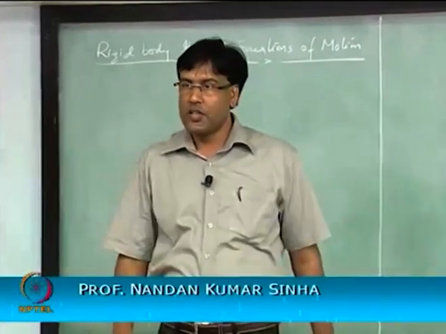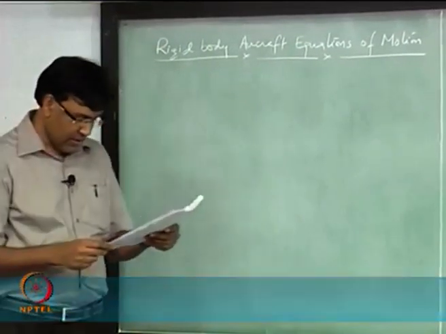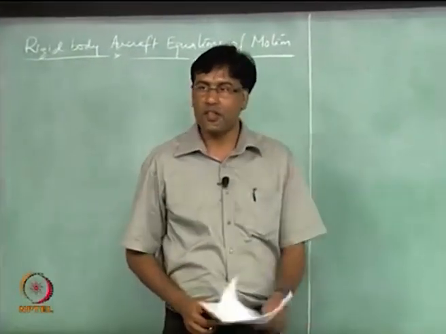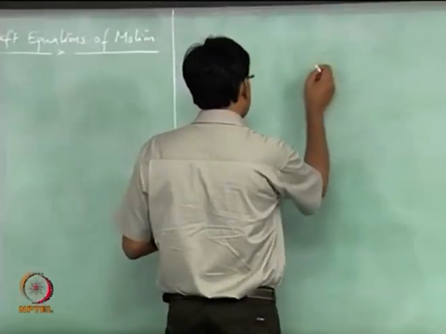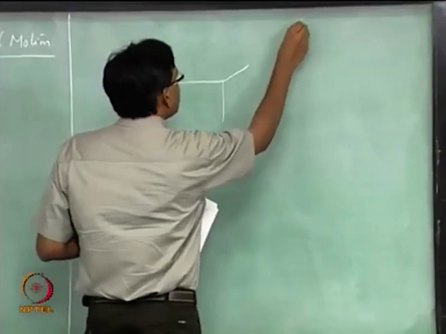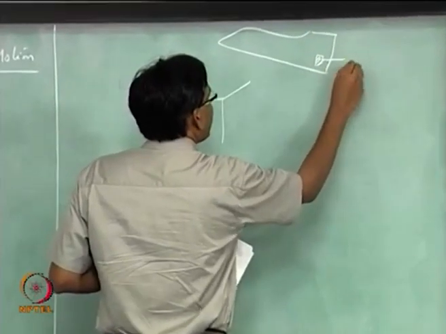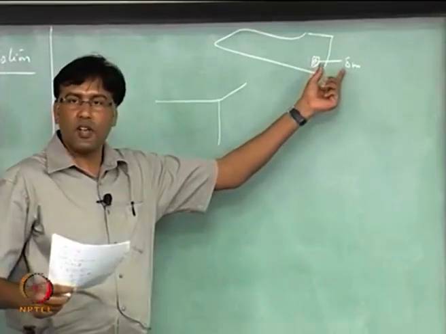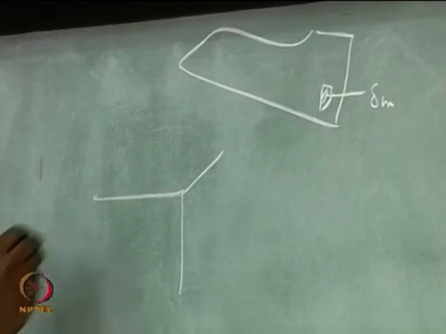We already wrote the force equation yesterday, and we are halfway through writing the moment equation for the rotational motion of the aircraft. So, we are first writing the equation of motion for this elemental mass and then integrating it for the whole body.